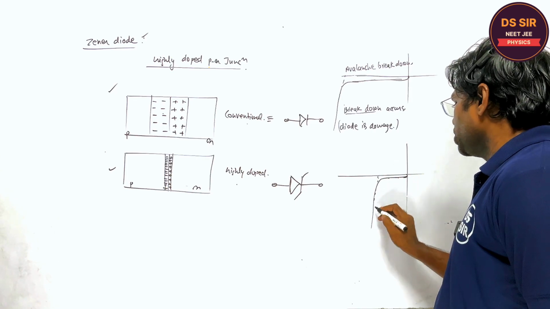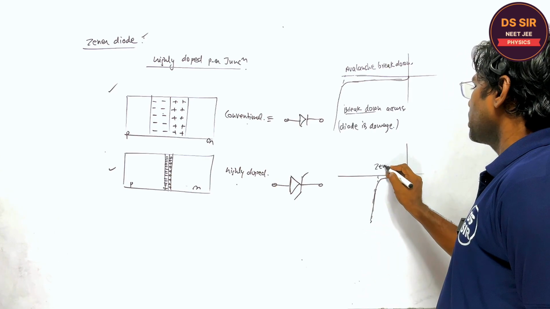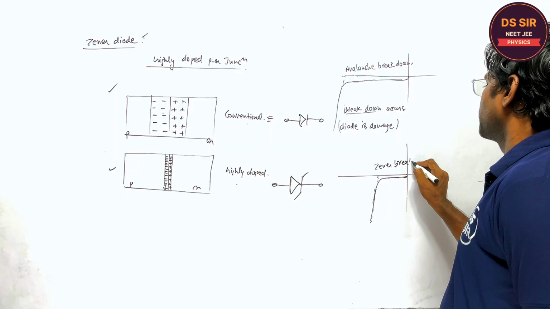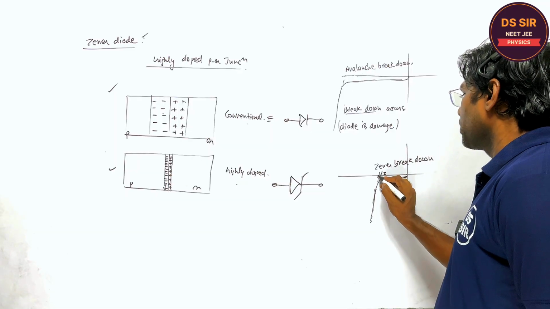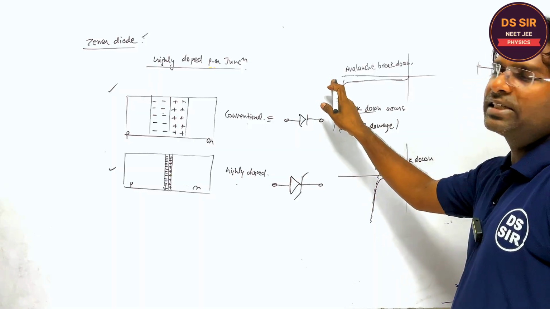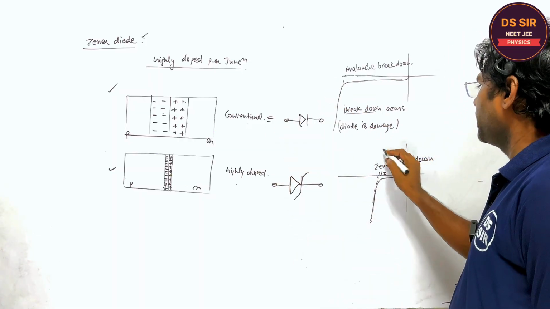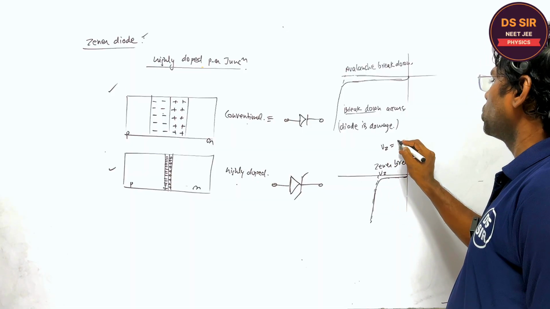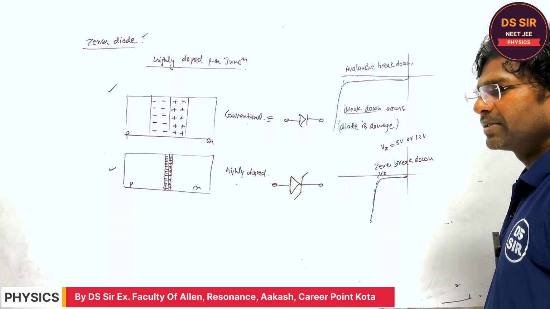In the case of a Zener diode, the Zener breakdown occurs. And this is the Zener voltage, which is very less as compared to the breakdown voltage of the conventional diode. For example, the Zener diode may be 12 volt, or it may be 5 volt like this.